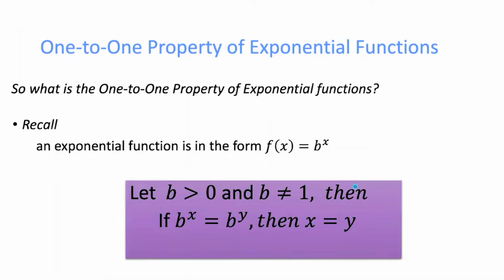So the one-to-one property of exponential functions says, for any real numbers b, x, and y, where b is greater than 0 and b is not equal to 1, if b to the x is equal to b to the y, then x is equal to y. So if the bases are the same, the exponents are equal.